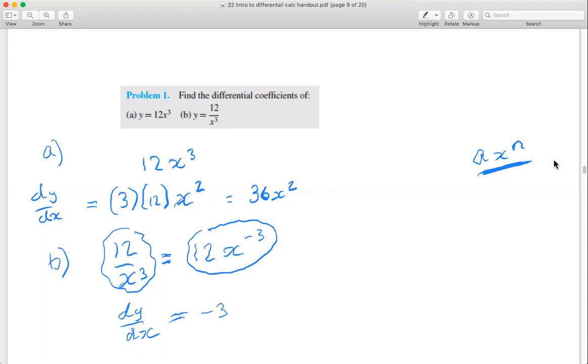We can take -3 times the 12 times x to the power of -3 take away 1, so it's -4. That equals -36x to the -4, which could also be written as -36 over x to the 4.